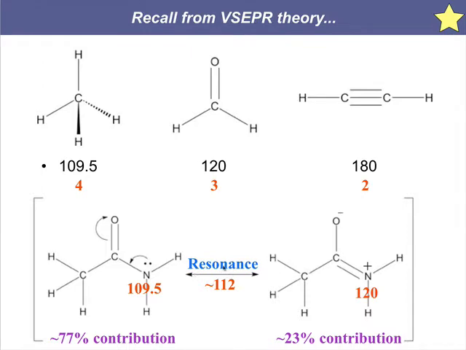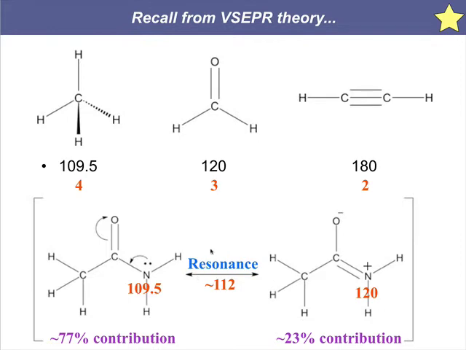Well, if you look at the structures and think about their relative stability, your conclusion would be that the structure on the right has charge separation and the structure on the left does not. So the structure on the left is a better structure, and as a result, it contributes more to the real picture. If you were to calculate this, 112 is about 23% closer to 109.5 than 120.